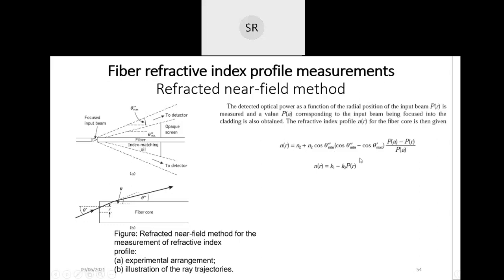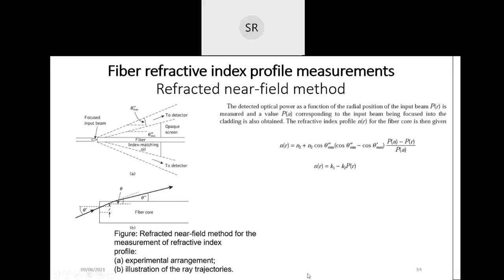Now in this case, theta dash is the angle of incidence in the fiber core, and theta is the angle of refraction in the fiber core, and theta dash is the angle of a refracted ray external to the fiber core, that is in the cladding layer.